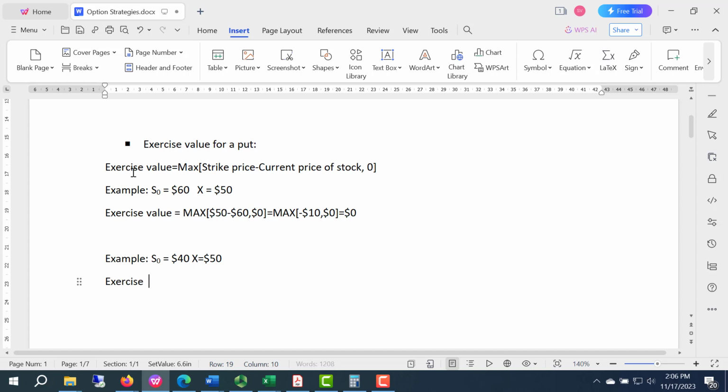So the exercise value in this case is equal to the maximum of the strike price, X minus S. So that is the $50 minus the $40, the current price of the stock, or 0.